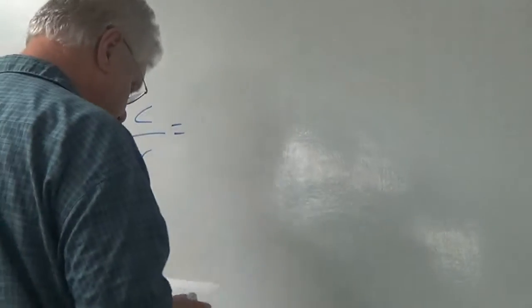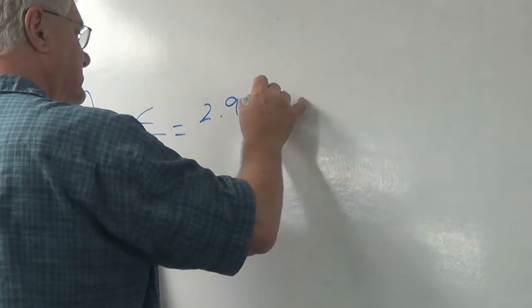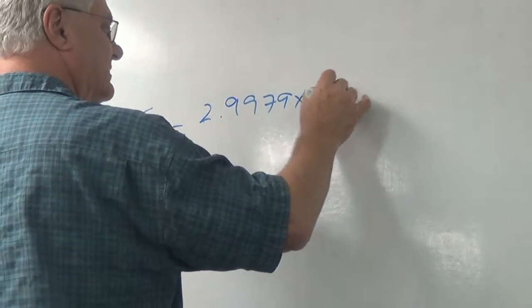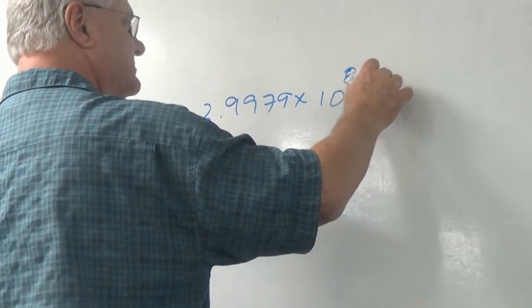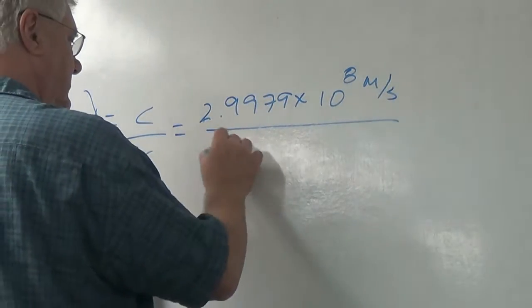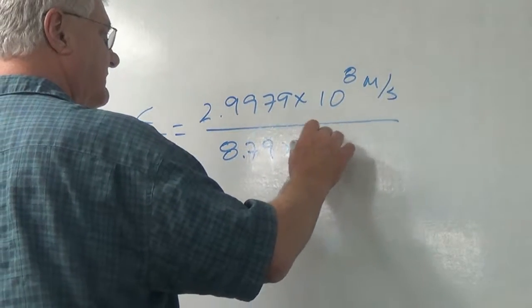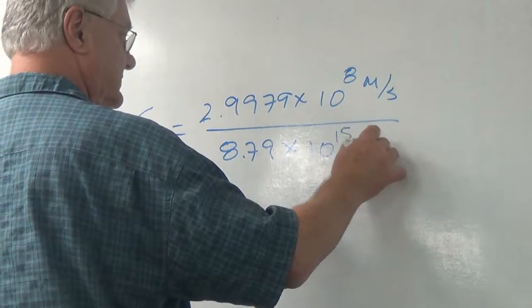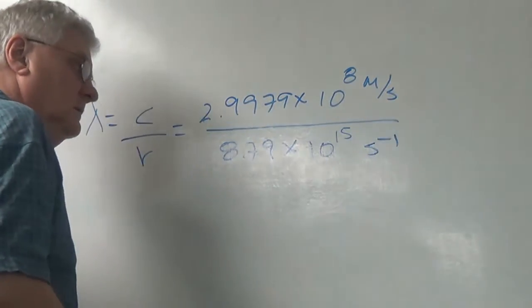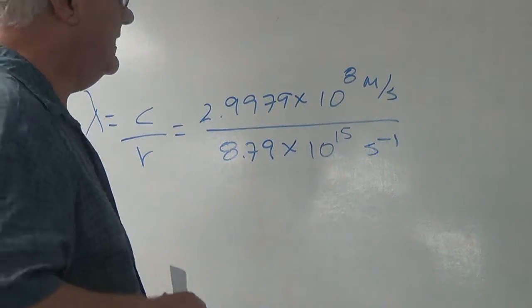And speed of light, 2.9979 times 10 to the 8th meters per second, divided by the frequency, 8.79 times 10 to the 15th reciprocal seconds. This is 1 over seconds, and this is 1 over seconds, so they cancel.